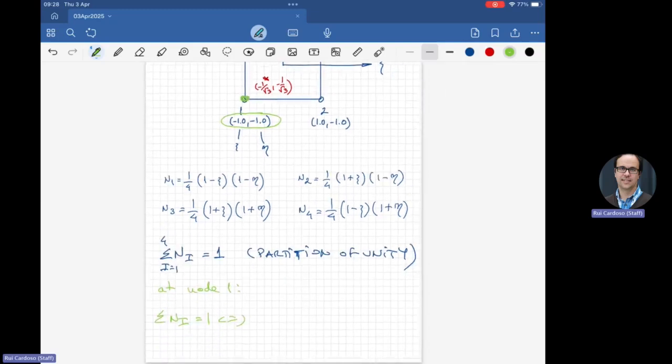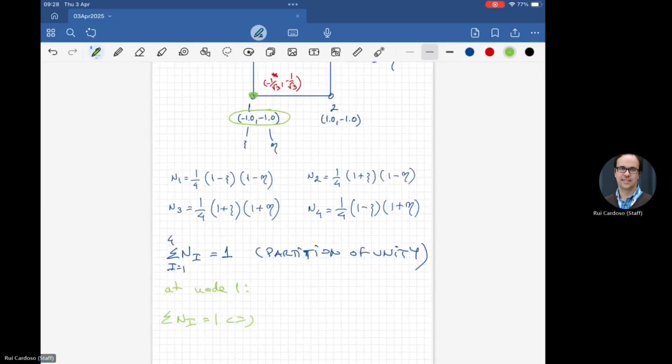If you replace in these shape functions, n1 is going to be, if I replace c by -1, 1 plus 1 makes 2, and 1 plus 1 here as well, because eta is -1, minus and minus becomes plus. So I have 2 times 2 is 4, 4 divided by 4 is 1.